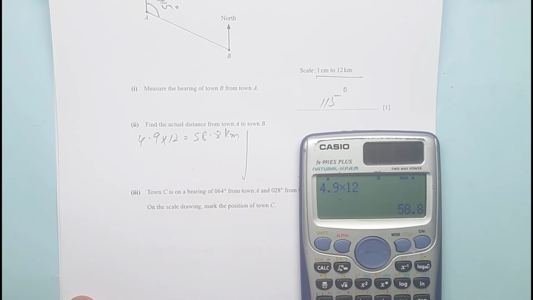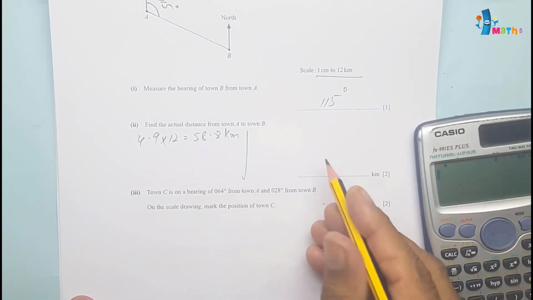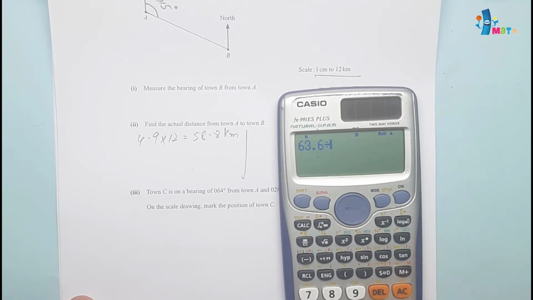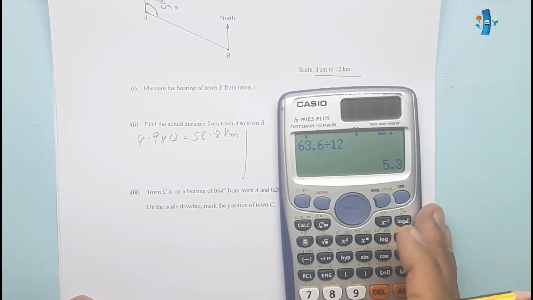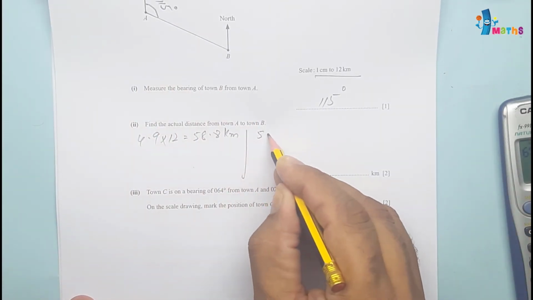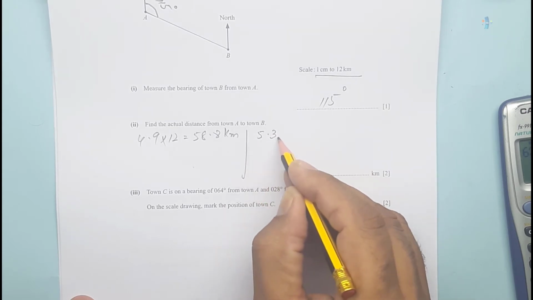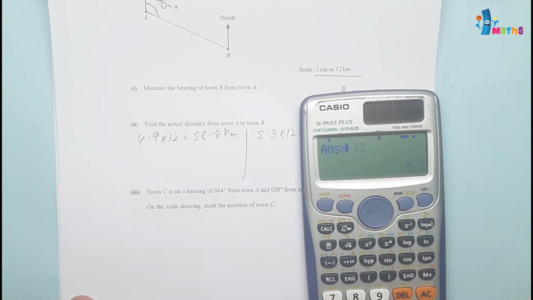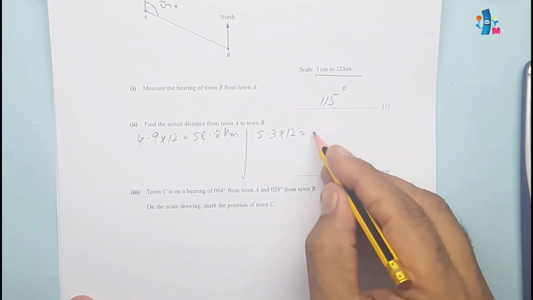So the marking scheme is giving the answer as 63.6. Originally the distance in the marking scheme is 5.3 between A and B, so I'll calculate the marking scheme calculation also. 5.3 centimeter multiplied by 12 will be equal to 63.6.